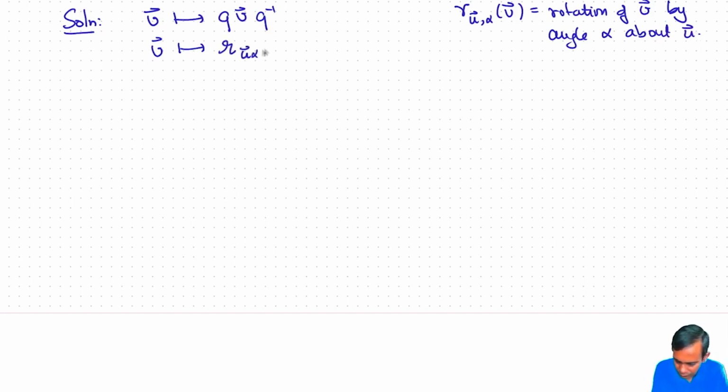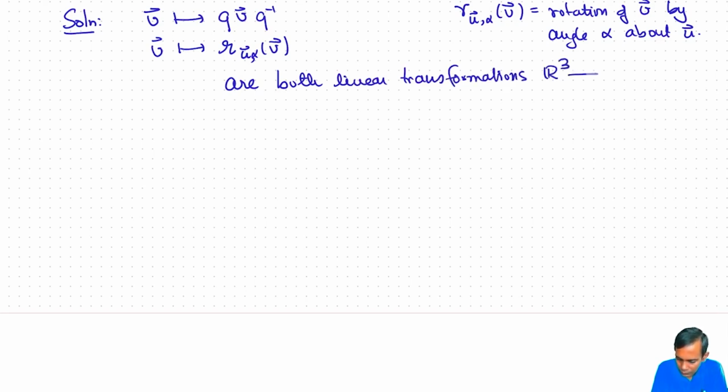Observe that both v goes to Q v Q inverse and v goes to R_u,alpha of v are linear transformations from R cubed to R cubed. But a linear transformation is completely determined by its value on any spanning set.